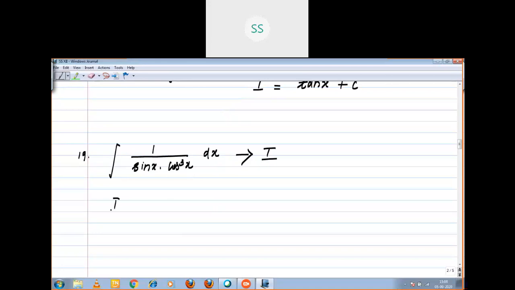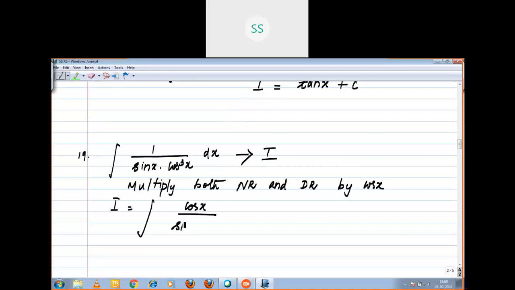Now I is equal to cos x by sin x into cos power 4 x dx.